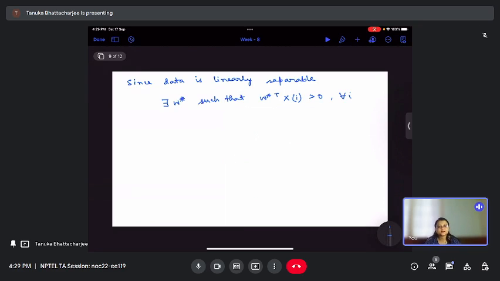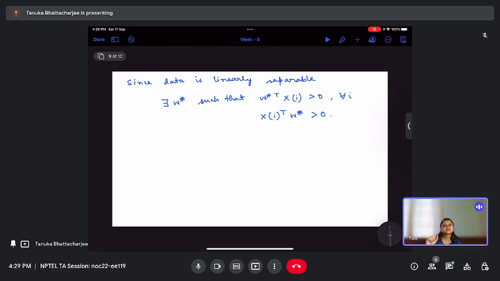So, there will be some W star such that W star transpose xi is greater than 0 for all xi, or you can write it in the opposite also, xi transpose W star is greater than 0 for all i. This is the same, W star transpose xi and xi transpose W star, both are the same. Since the data is linearly separable, there will exist some W star such that this condition is satisfied.